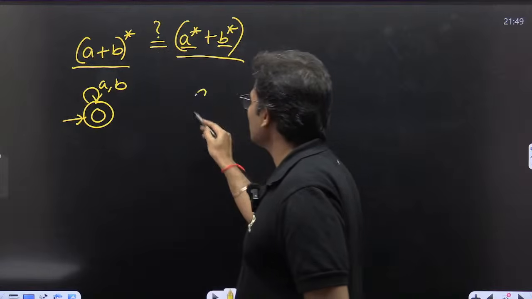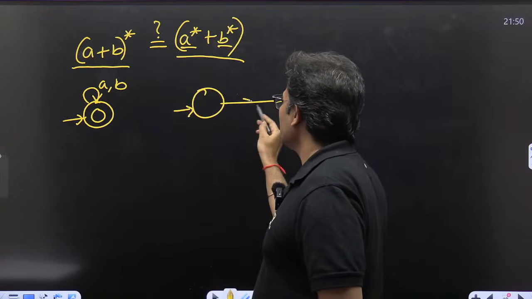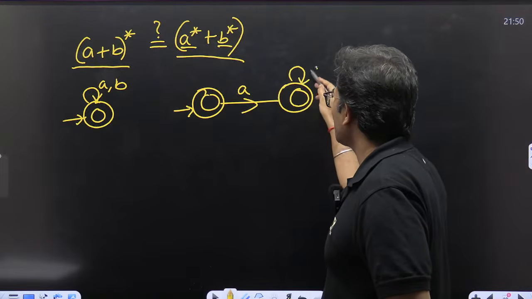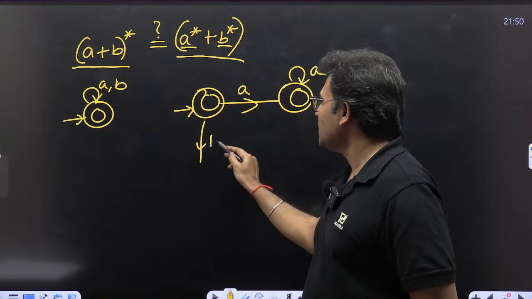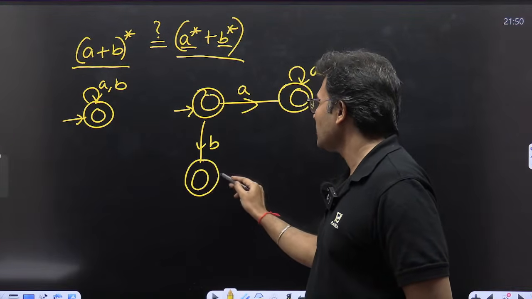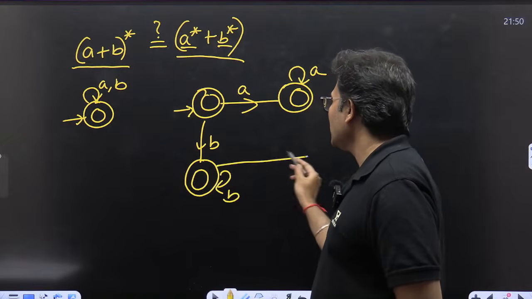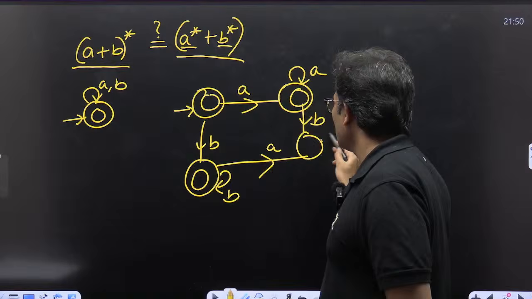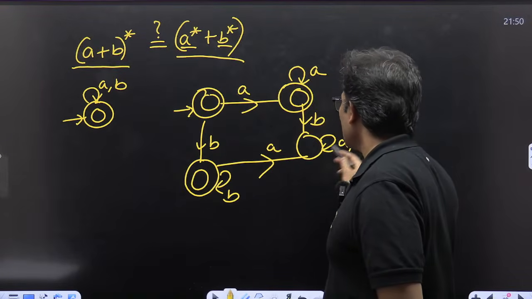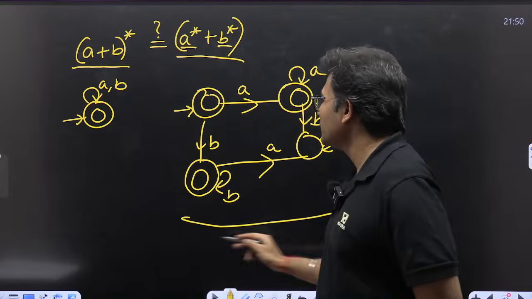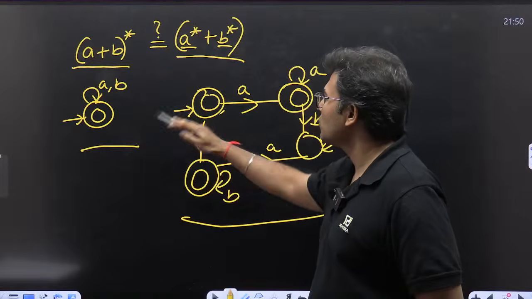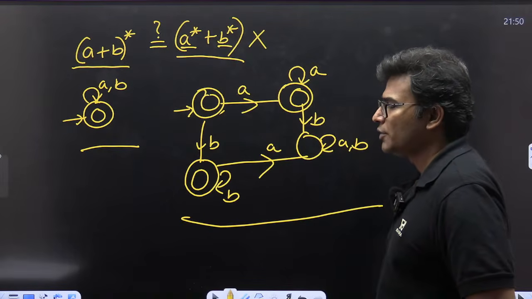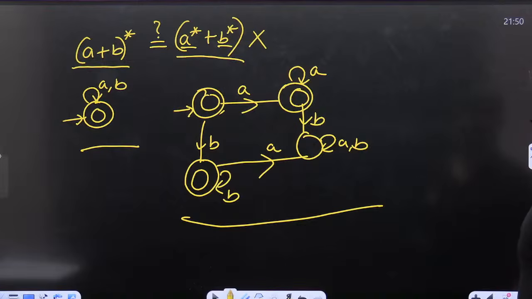What is the DFA for the other one? It can be epsilon, or only a's, any number of a's, or only b's, any number of b's. If I get an a after a b or a b after an a, I kill it. And this is the minimal DFA. Both the DFAs are different also. These two are not equal.